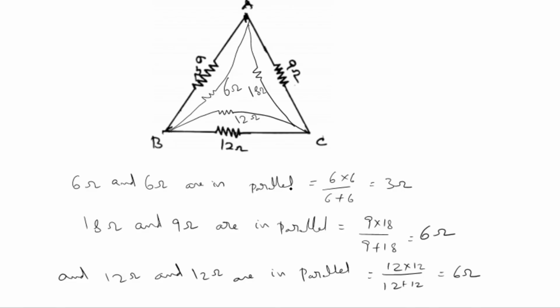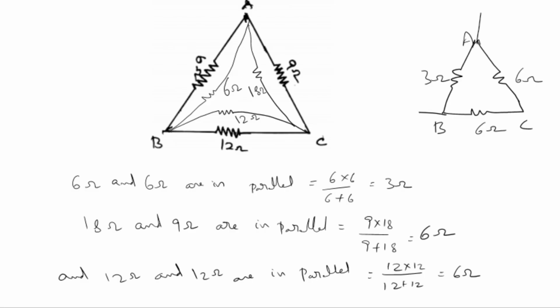We can draw a new circuit with resistances 3 ohms, 6 ohms and 6 ohms. We are asked to find the resistance between A and B terminals.